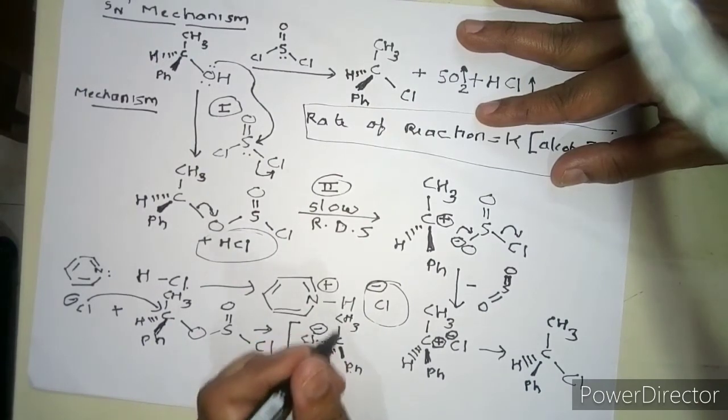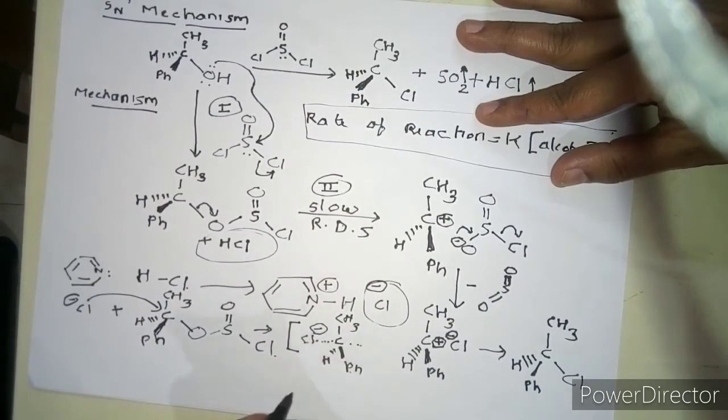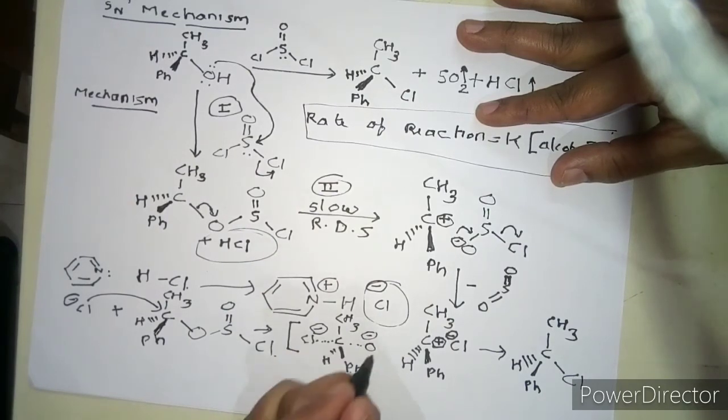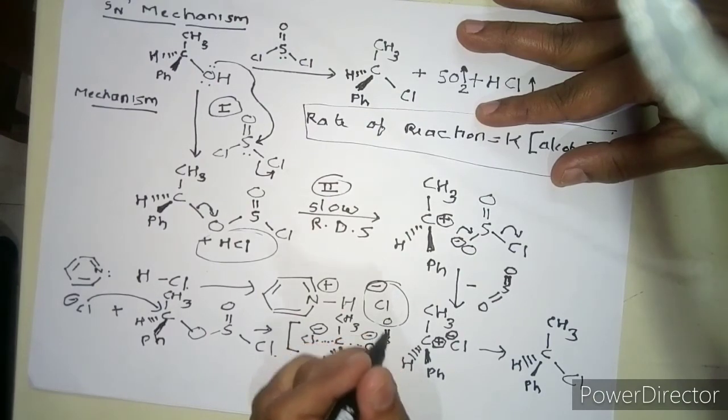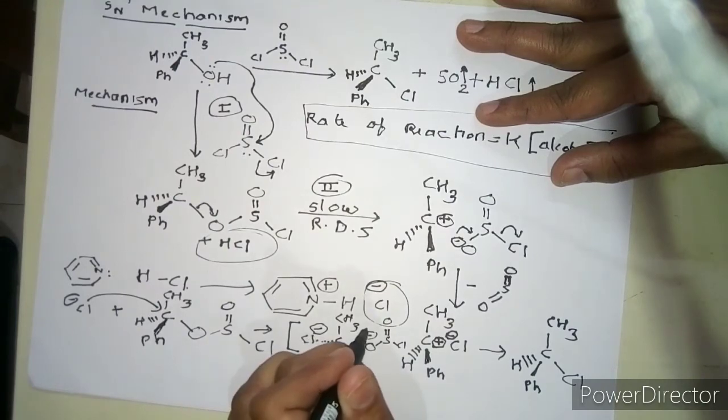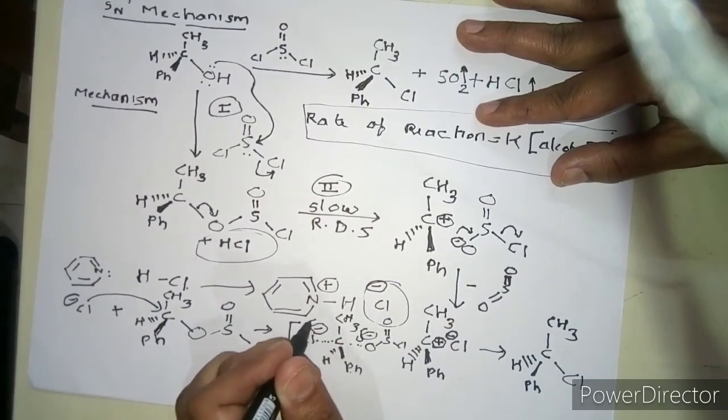These three groups are in one plane, and this Cl and O minus S double bond O Cl, I can write this delta minus, and also this is delta minus.